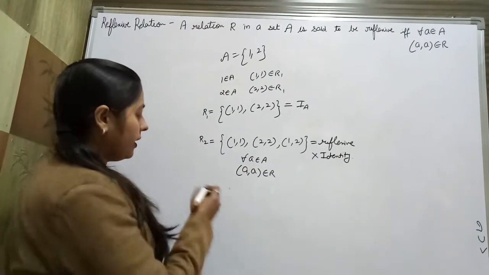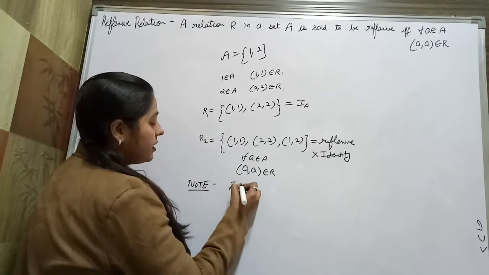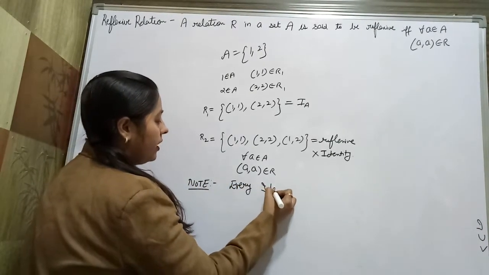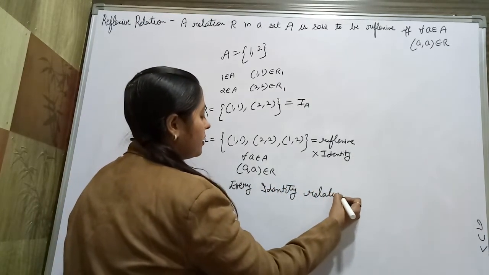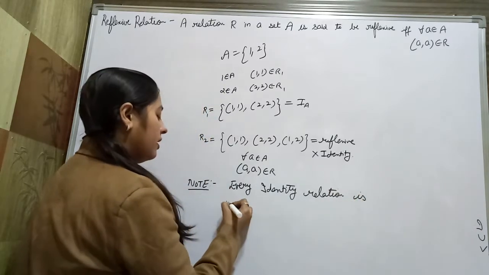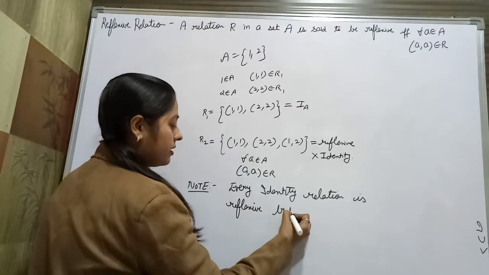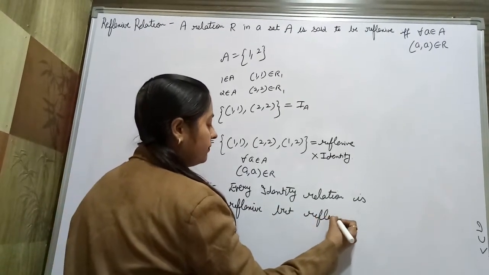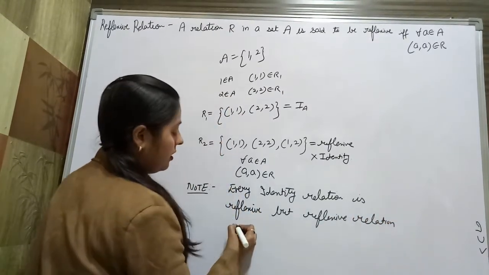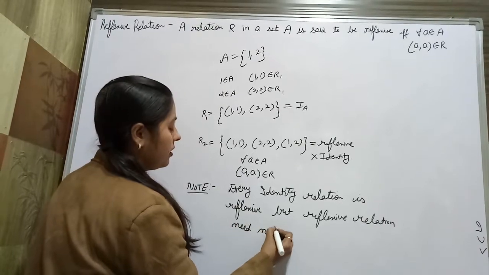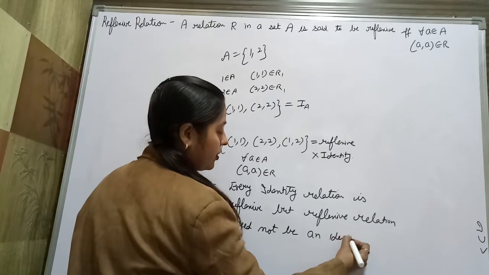So what it means, beta, is that you may put a note here: every identity relation is reflexive, but a reflexive relation need not be an identity relation.